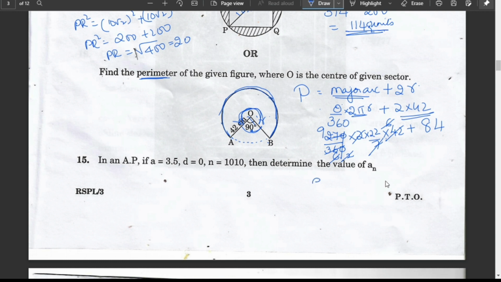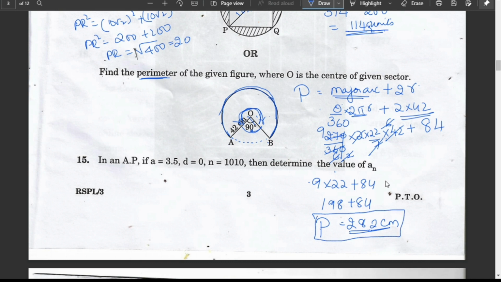So how much do we get here? 9 into 22 is 198, plus 84, 282 centimeter. Yes, centimeter. It's a perimeter. Perimeter will be 282.